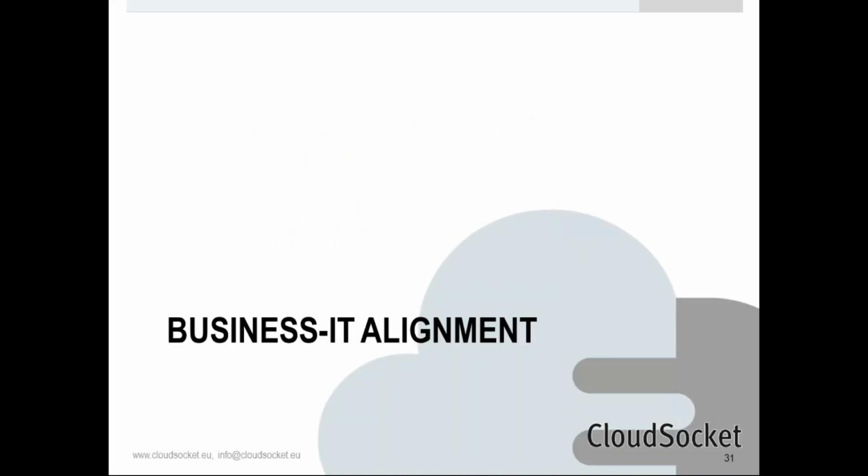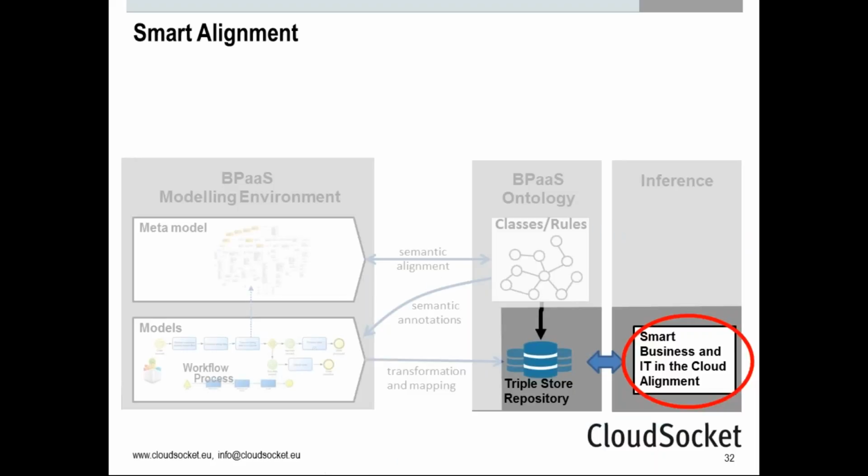Okay, now we have the model with all the requirements, and we have the workflow descriptions, and now we come to the alignment itself. The alignment, on the lower left in the inference engine, has as input the triple store, the formal representation of the models, requirements and descriptions, and makes the mapping between requirements and descriptions.